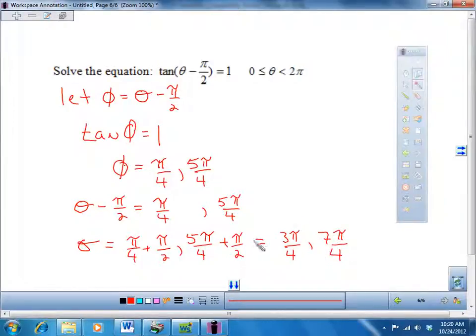What I should have really done is changed my domain to be between negative pi over 2 and 3 pi over 2, but I didn't do that. But these answers are both within where I want to look for those answers? Yes. Okay, so that is the correct answer for that.